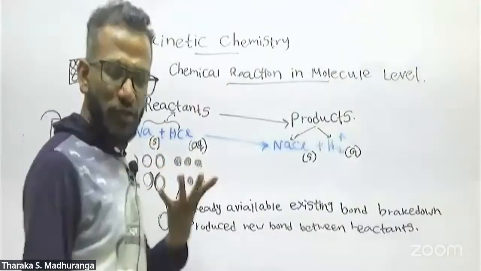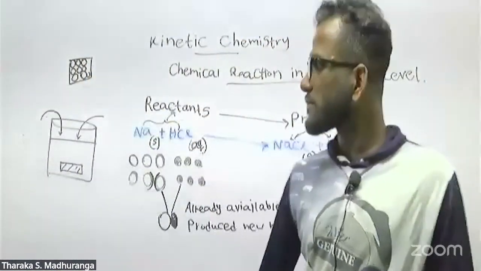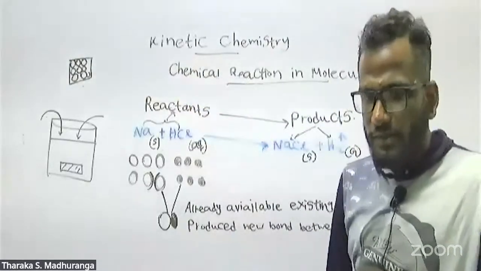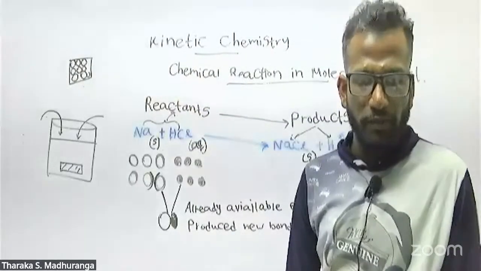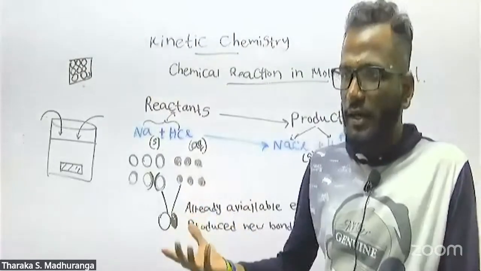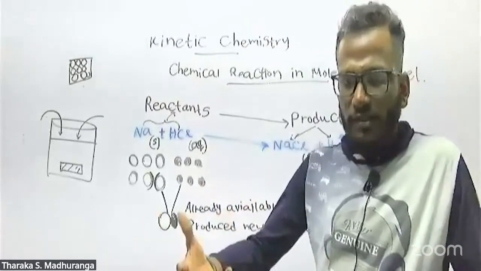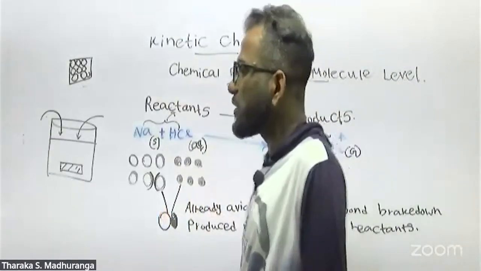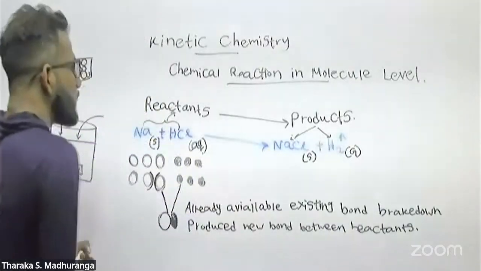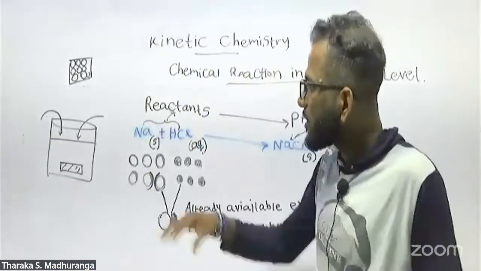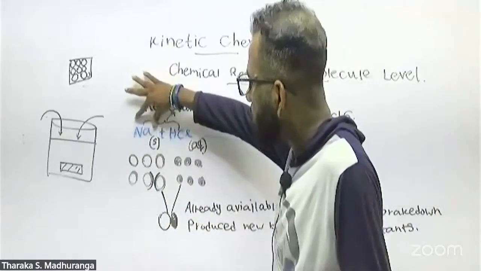Okay, I told you earlier, every type of matter is made of molecules. That means solid, liquid, gases, everything in the world is made of molecules. They are the building materials. Think now of sodium in this example.